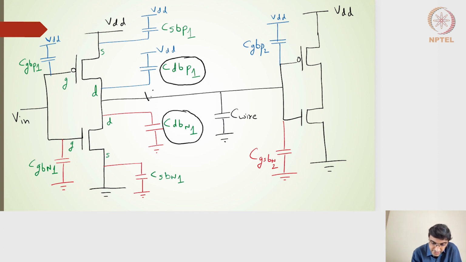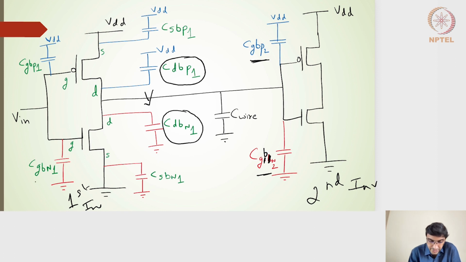The output of this particular capacitance is connected to another inverter, where the second inverter's input capacitances are CGB of NMOS 2; this is the second inverter, and this is the first inverter.